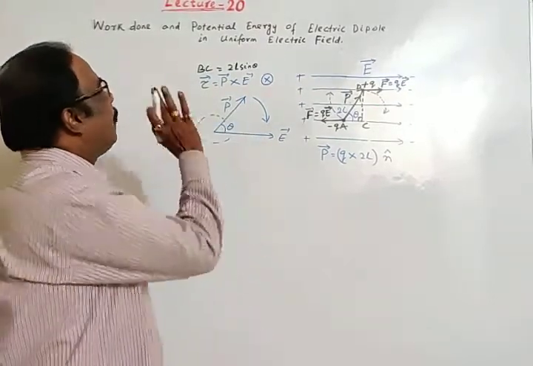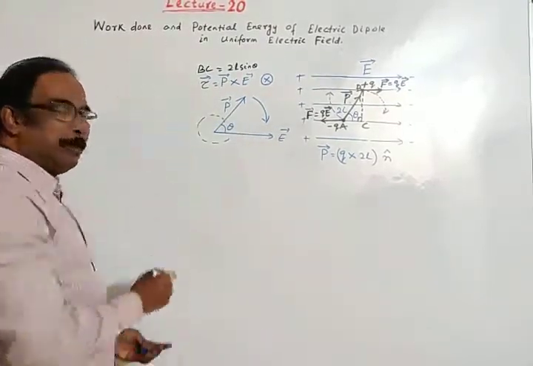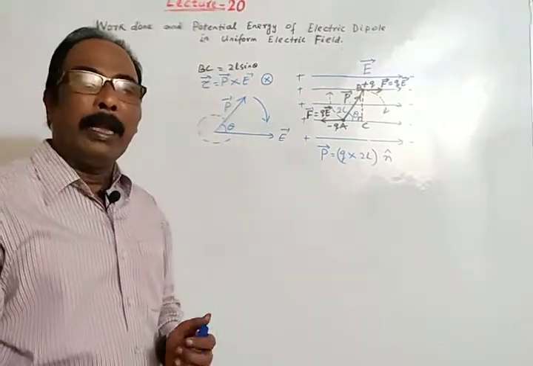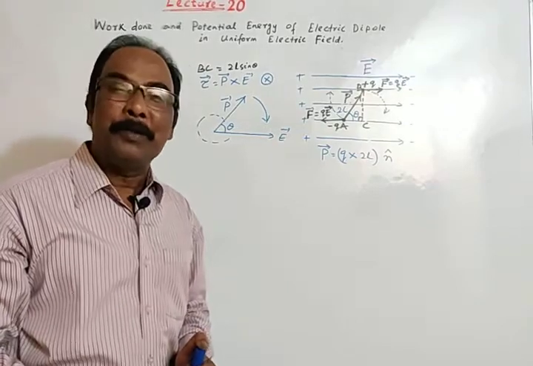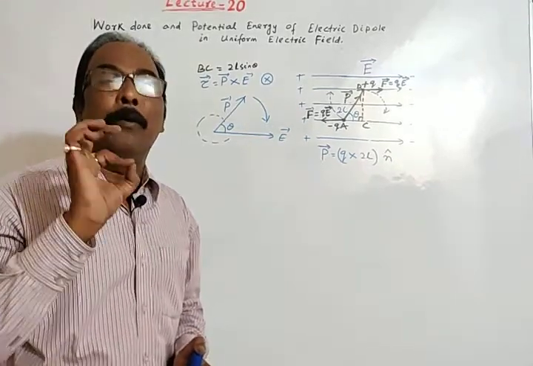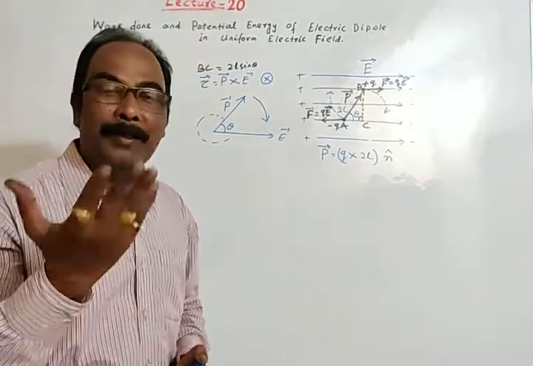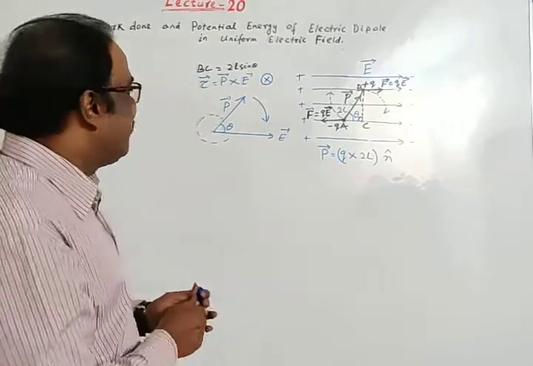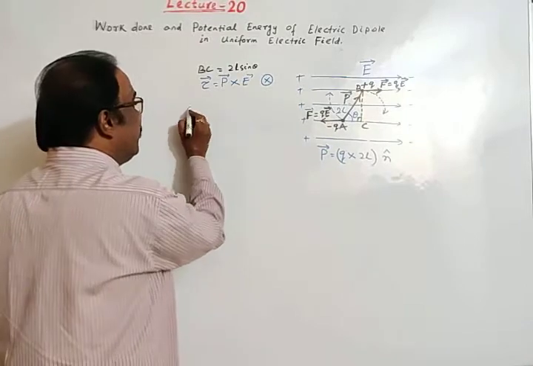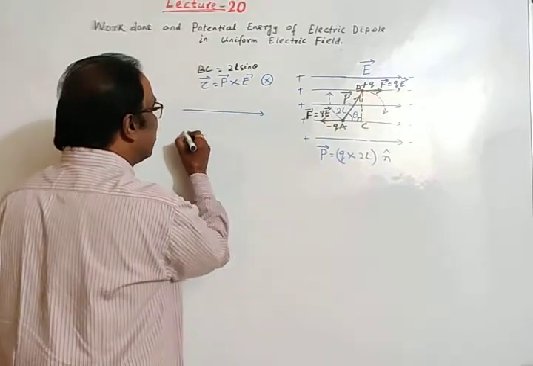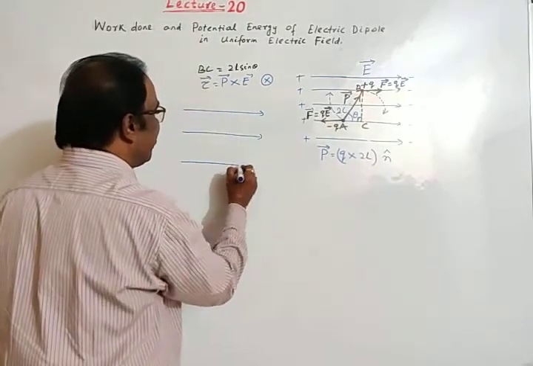Okay, now work done. First we will find the work done in rotating a dipole from one position to another position, or from one orientation to another orientation. I am bringing the diagram to this new position. This is the direction of the electric field.